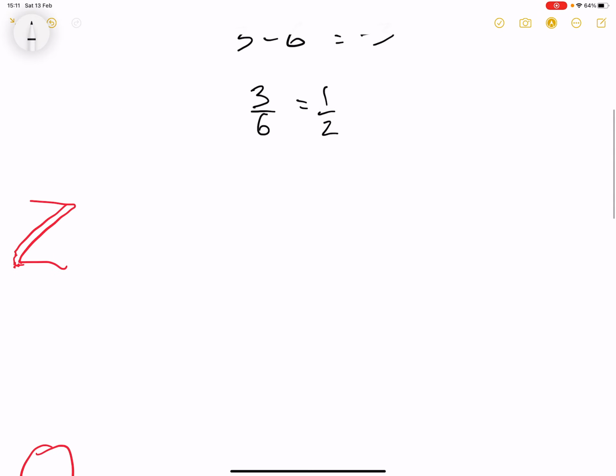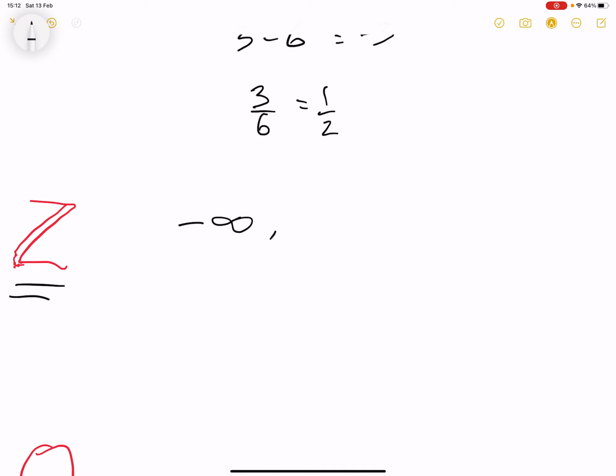Next, we come to the integers, denoted by this weird z. For the integers, we can now subtract, because we have negative numbers, so all the way to negative infinity, which isn't a number, because you can't reach infinity, it's just a concept.